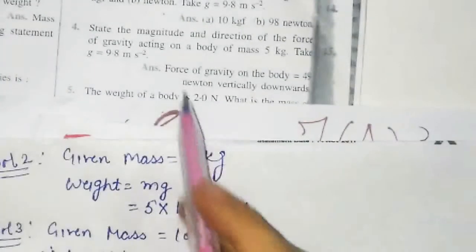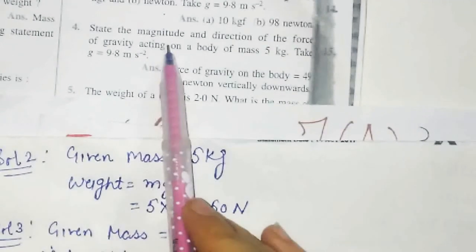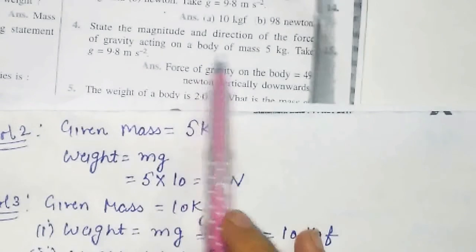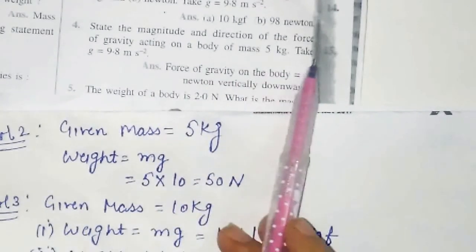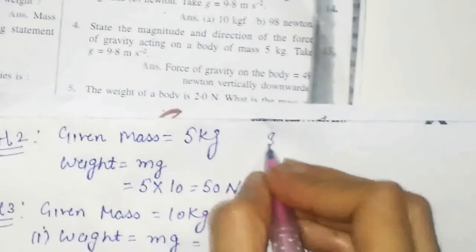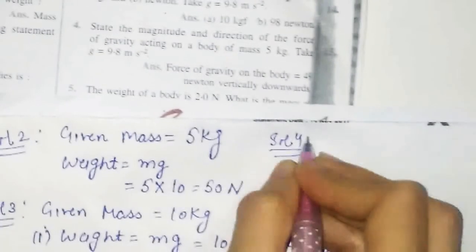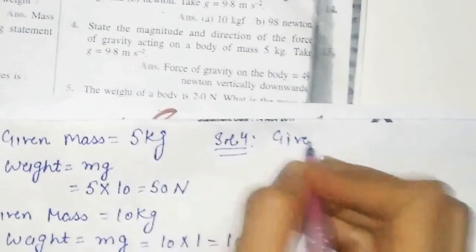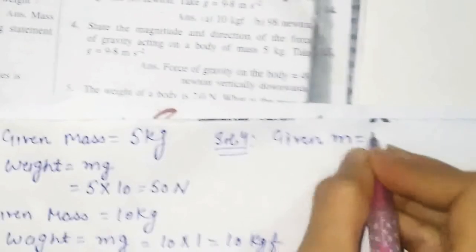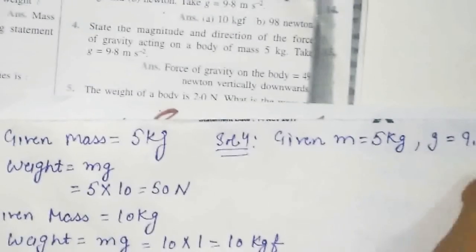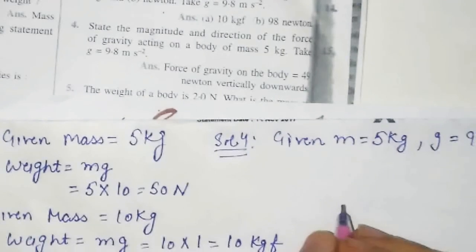Now the fourth question is: state the magnitude and direction of the force of gravity acting on a body of mass 5 kilogram. Take g as 9.8. So the solution of the fourth question is, first of all we will write the given quantities, that is, given mass m is equal to 5 kilogram and g is 9.8 meter per second square, and we have to find the value of force.